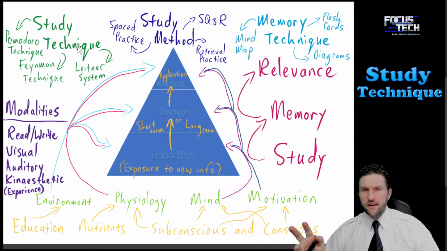So study technique, you're thinking, what does study technique achieve? Why would I label it study technique? Well, the key thing with study technique is it's really a way in which we can encode information. So it has a heavy influence on how information is encoded, right?